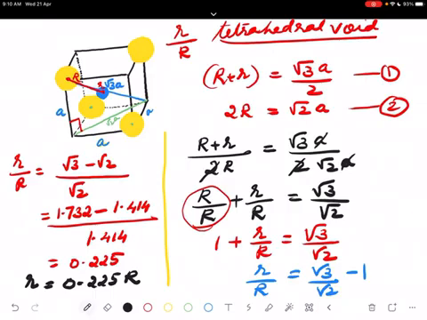So the radius ratio in the case of a tetrahedral void is 0.225. For an octahedral void, the radius ratio is 0.414. This value you have to learn by heart.